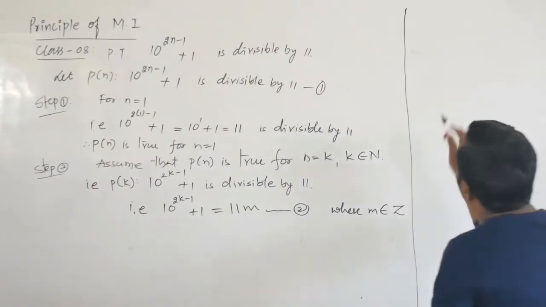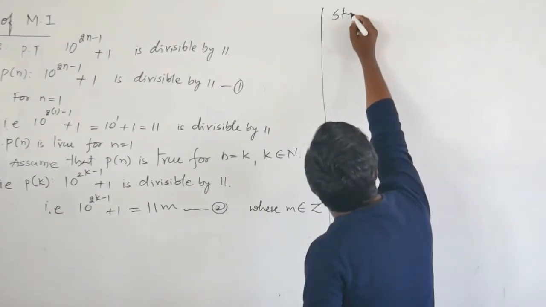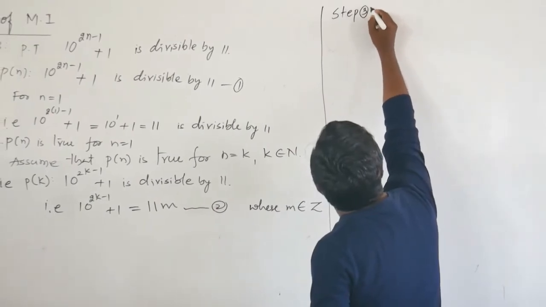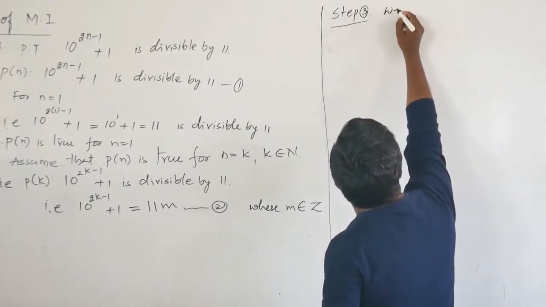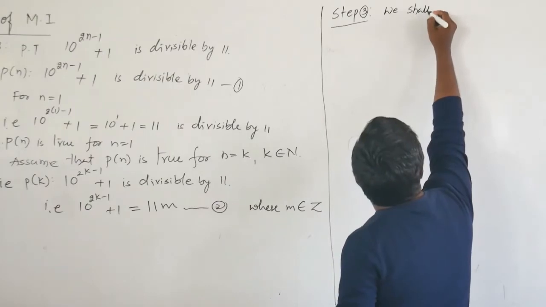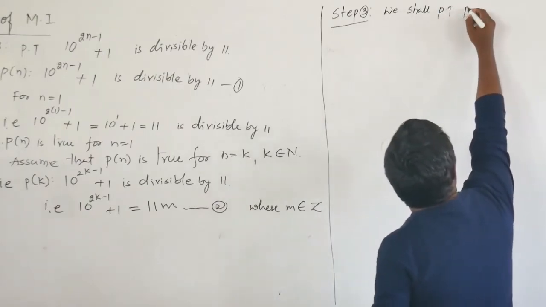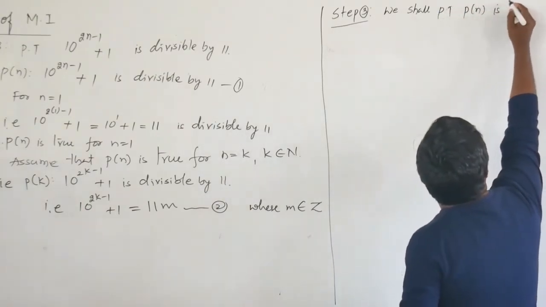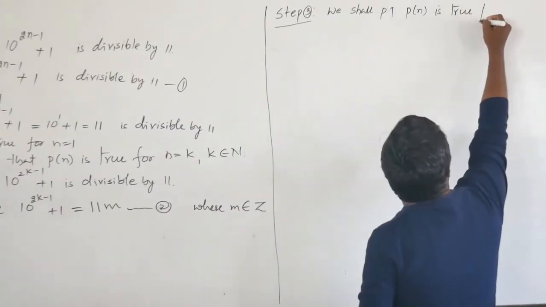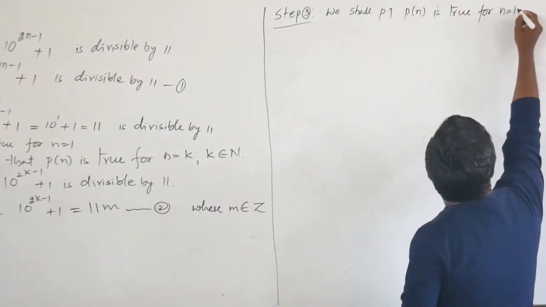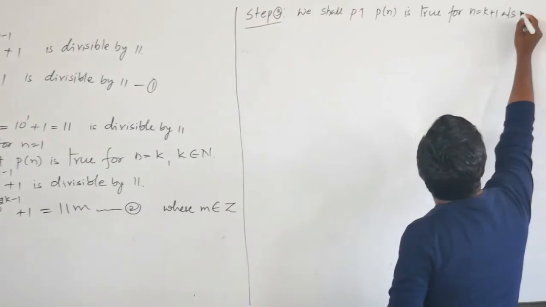Step 3. We shall prove that P of n is true for n equal to k plus 1 also.